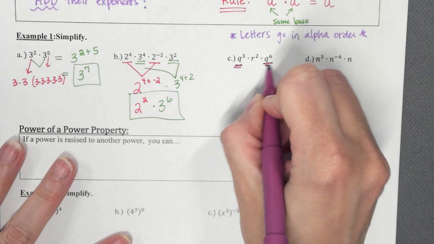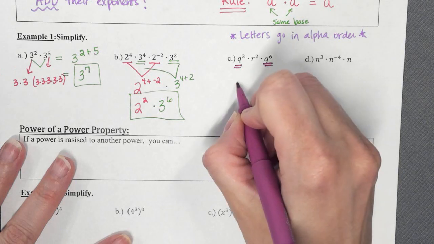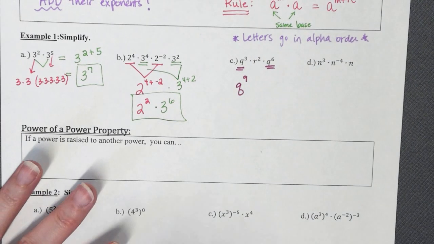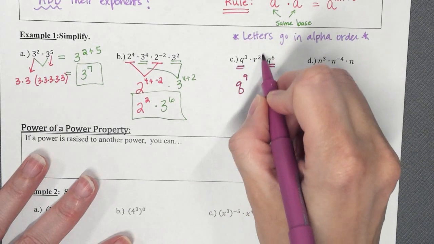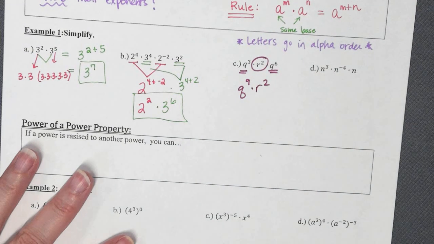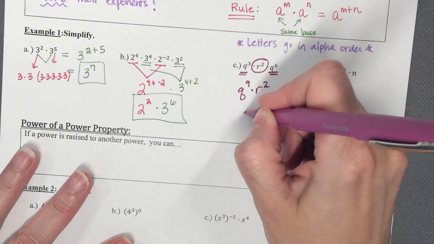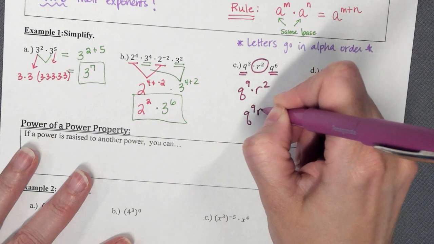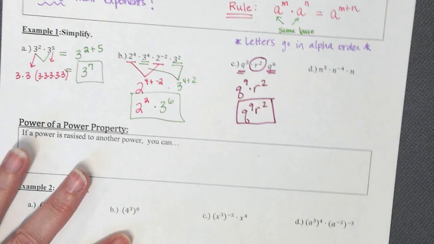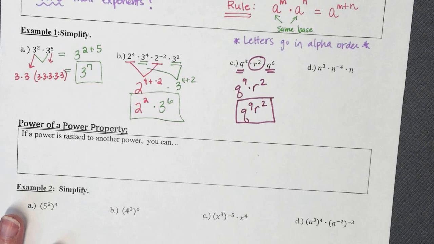How many Q's did you end up with? Yeah? Okay, now because nothing else has the R, you're just going to keep it like this. Q to the 9th times R squared. You can also just write Q to the 9th R squared. Either one of those is fine, whether you put the dot in between or not.